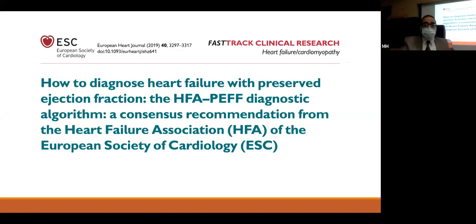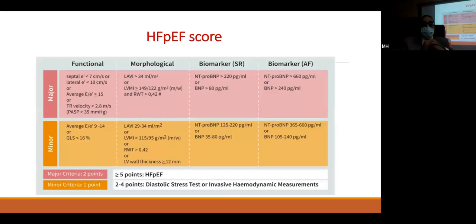If we look at the diagnostic algorithm and the score to diagnose heart failure with preserved ejection fraction, you will find it's also quite similar to the proposed criteria from the echocardiography report. To diagnose heart failure with preserved ejection fraction, you need 5 points or more.